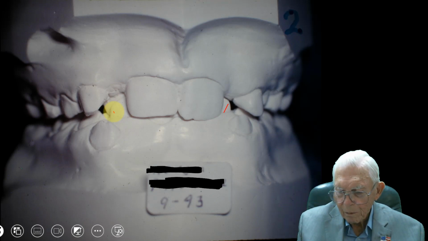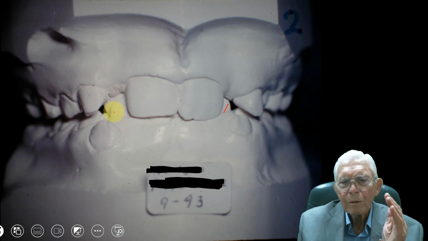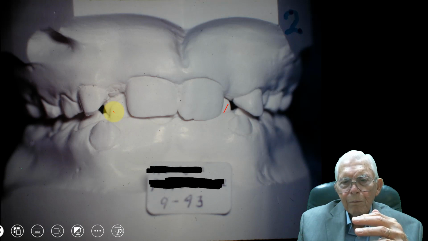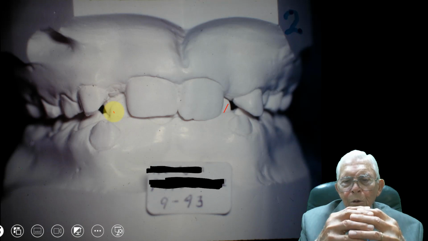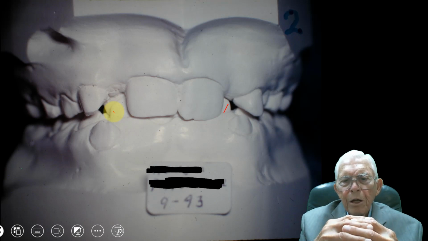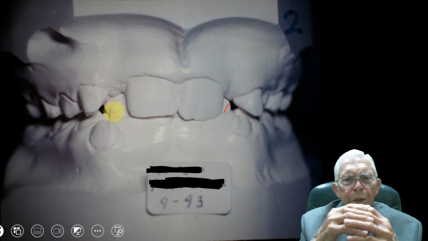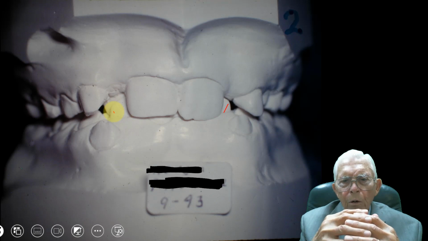So that's what I'm really griping about, is that the dental schools and the orthodontic portions in the school are not teaching the pediatric dentist how to do orthodontics. And it is ridiculously wrong.